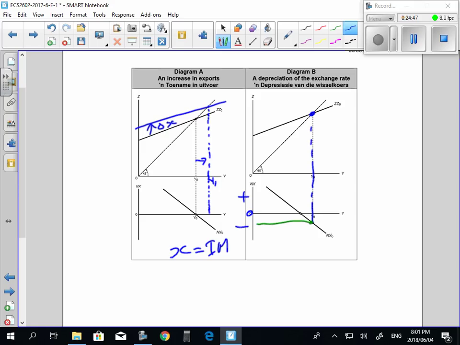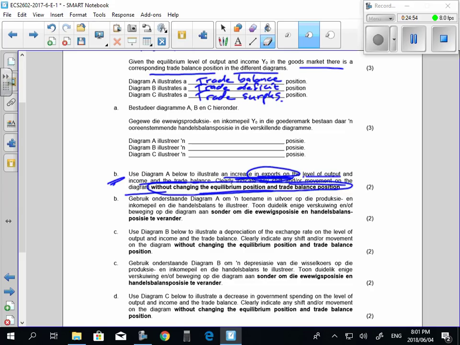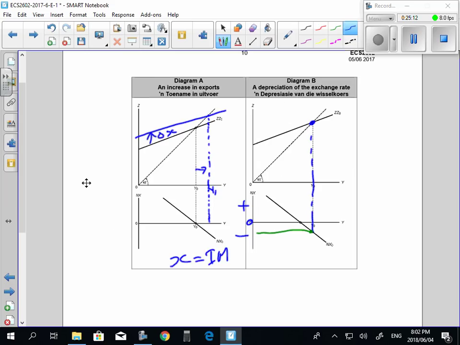But we know that this is a change in exports, so we're going to shift the curve. But what they did here, clearly indicate the shift of or the movement along the diagram. We know we're going to shift the curve, without changing the equilibrium position and the trade balance position. Okay, so we need to shift the net exports curve to that point there where we are still at a trade balance.